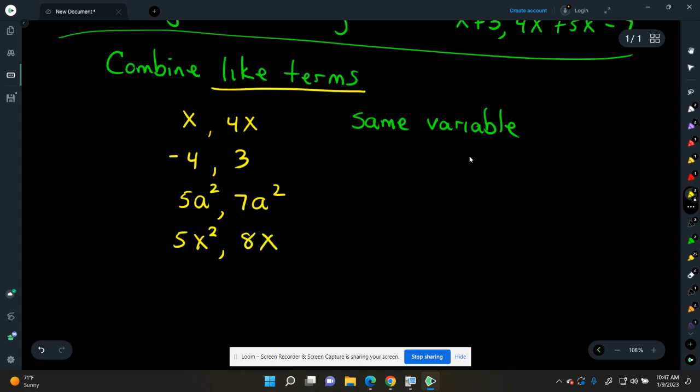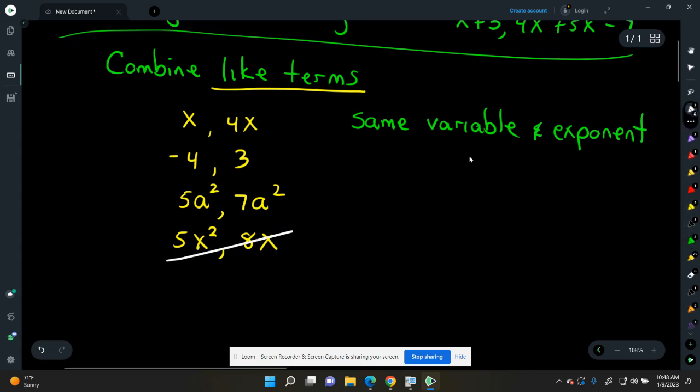Are they like terms? No. Why not? They're the same variable. Okay, so they have to have the same variable and the same exponent. These are not like terms here.